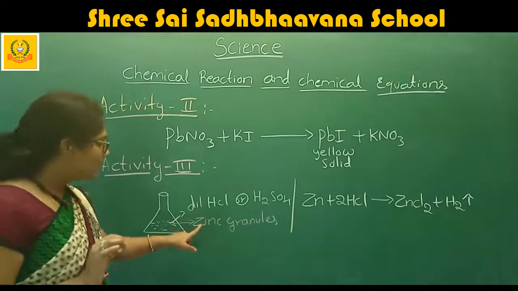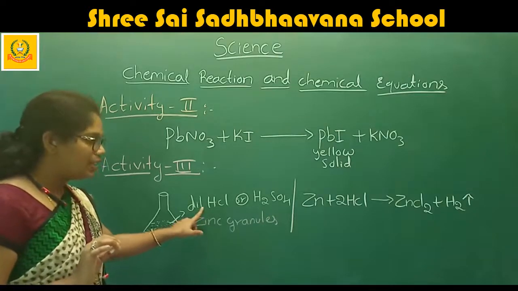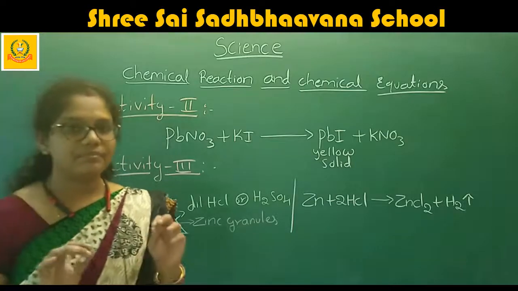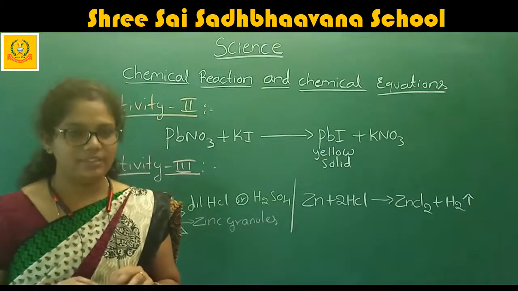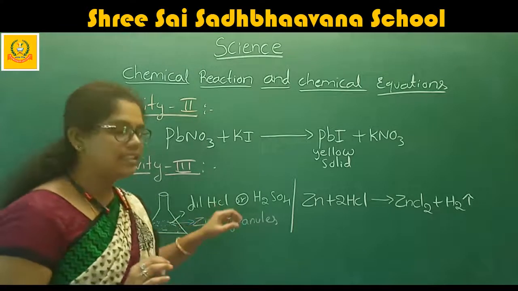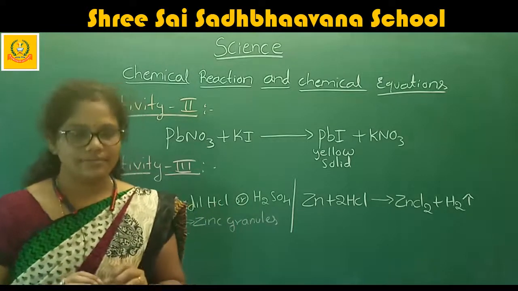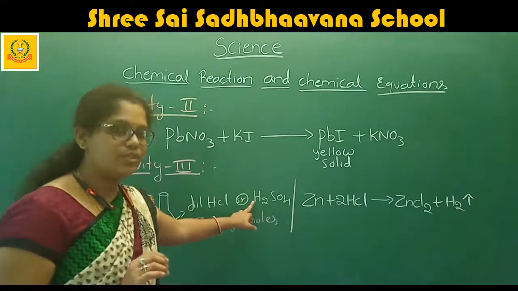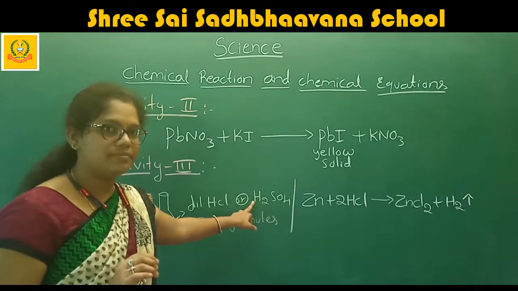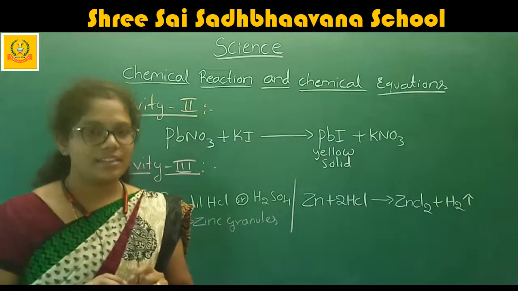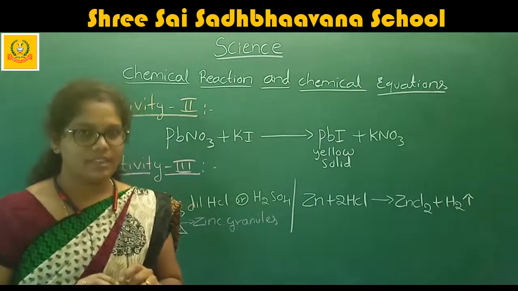If the zinc granules are reacted with dilute HCl, HCl is hydrochloric acid, and H2SO4 is called sulfuric acid.